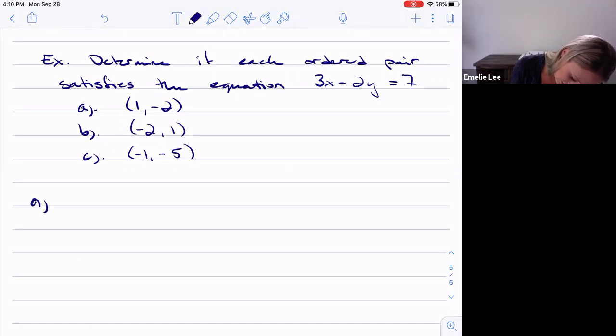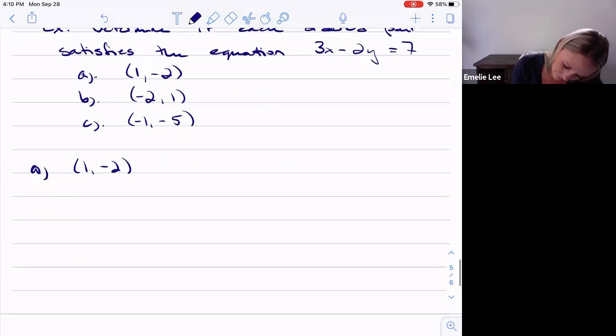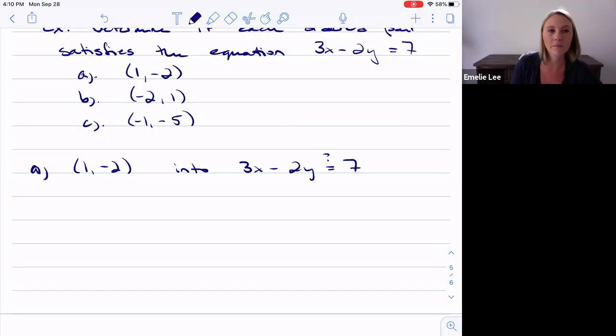So part A, 1, negative 2 into 3x minus 2y, does it equal 7? Okay.